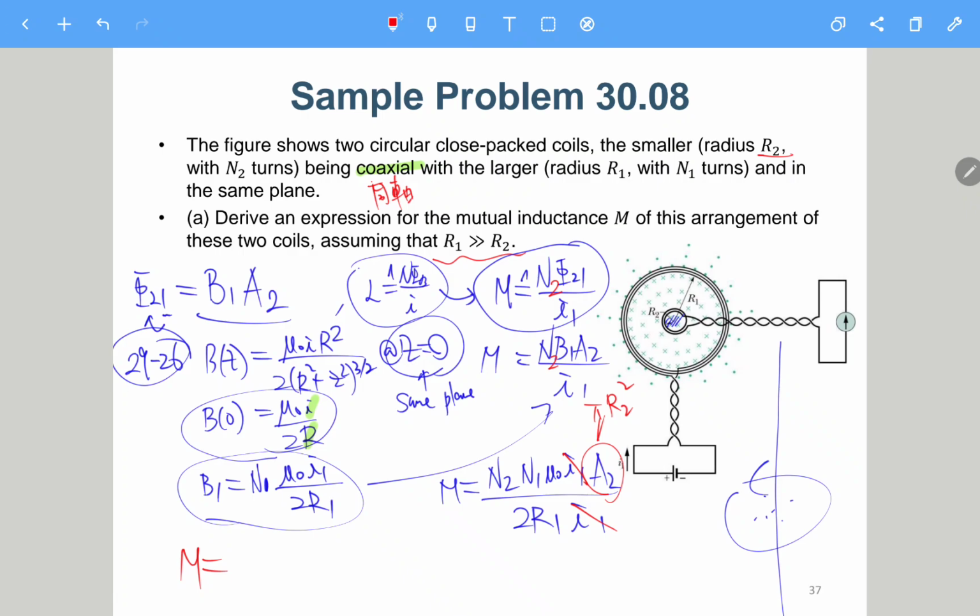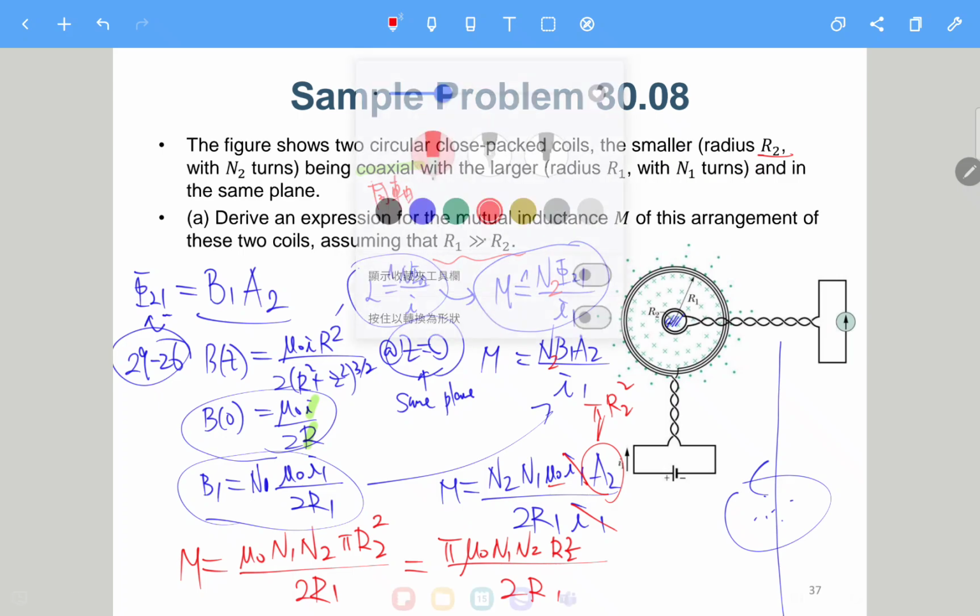Finally we have mu 0, then N1, N2, and then pi R2 squared over 2R1. Or we can rearrange it as pi mu 0 N1 N2 R2 squared over 2R1. Okay, so maybe we just stop here today.